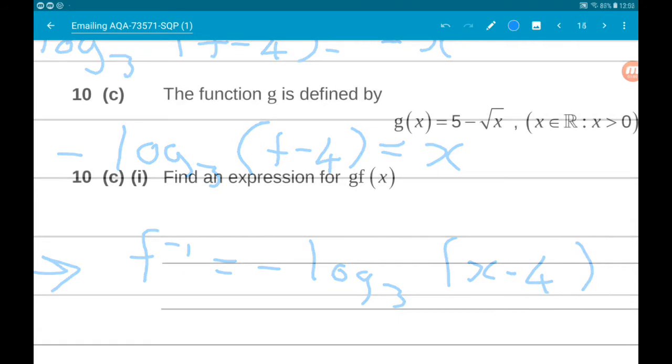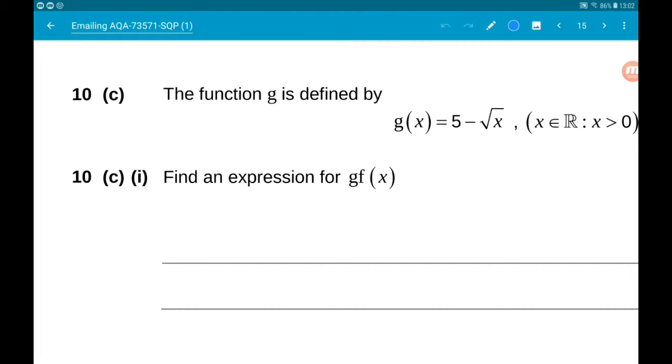Awesome. Good done. Okay, then for part C, we are told the function g is defined by g of x is 5 minus root x, where x is an element of the reals such that x is greater than 0. We want to find an expression for the composite function g(f) of x. I prefer to use this notation, g of f of x.